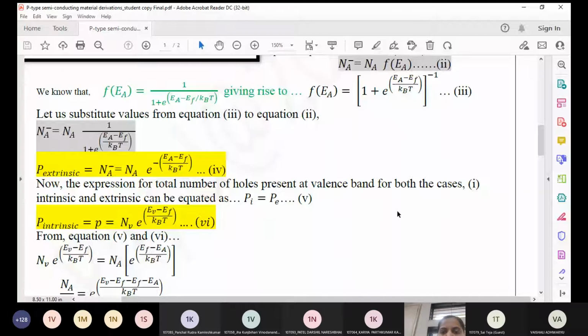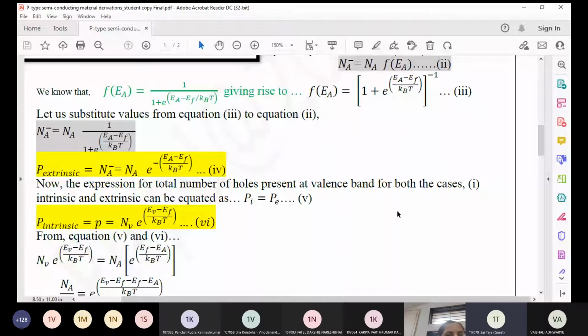Do you remember that analogy, example I have used? Yes, ma'am. How are they coming? Doesn't matter. Where are they? That matters. So in intrinsic, they are in valence band. For extrinsic, they are in valence band. So by using that logic only, I have equated here. Yes, continue.